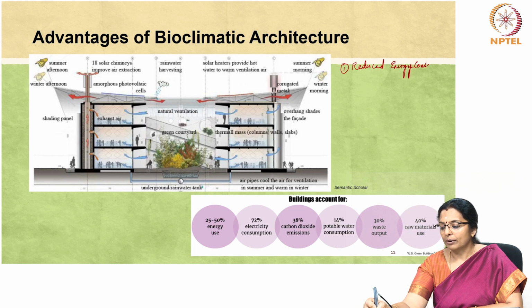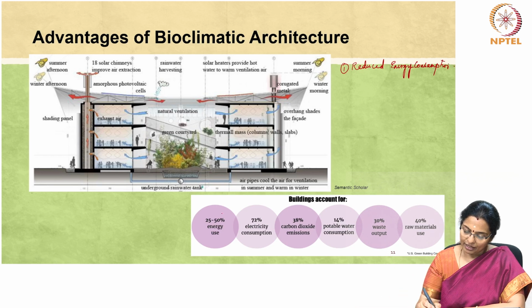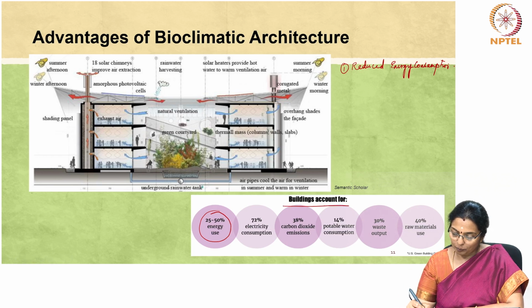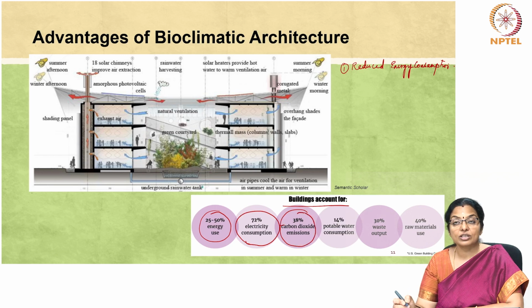This becomes very important in the light of the fact that 25 to 50% of the energy is used by buildings, 72% of it through electric consumption, leading to 38% carbon dioxide emissions by buildings. 14% of potable water is consumed by buildings.